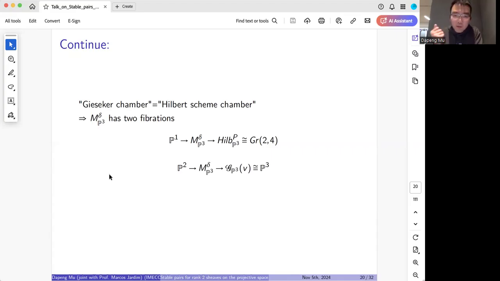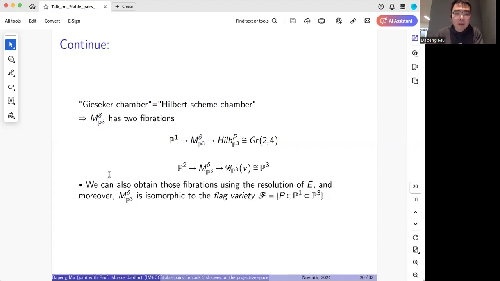It also has a fibration over the Gieseker moduli, which is P3. Moreover, you can compute that the fibers are P1 and P2. This information is given by the wall crossing fibration pictures. We can also figure out that this moduli space is actually the flag variety of a point in a line in P3.